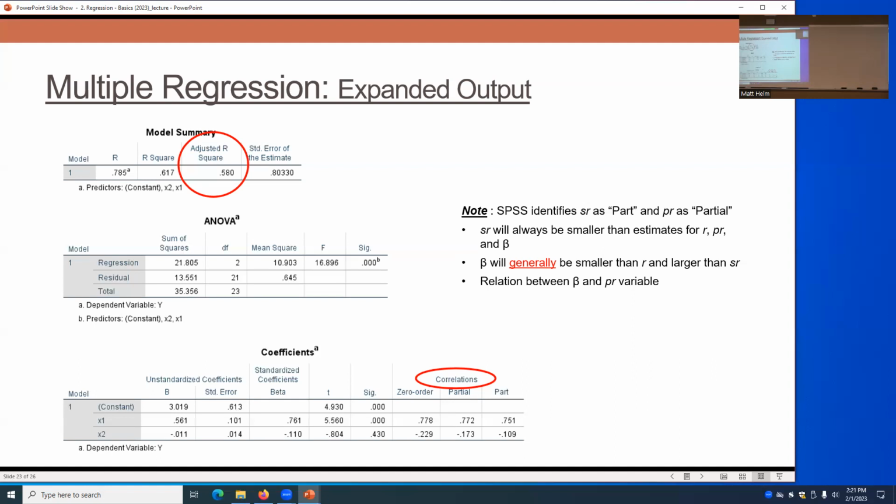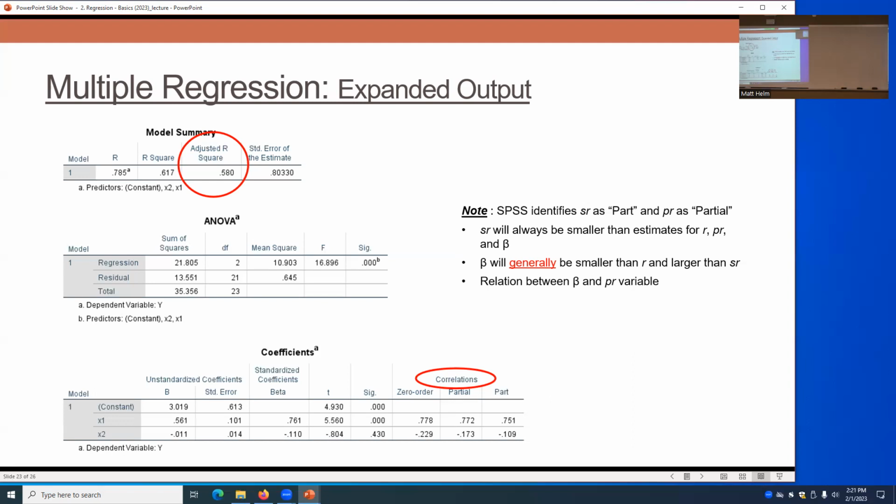But what I can always do is interpret it as: based on this model, I'm expecting a 0.56 unit increase in Y, whatever those units are, for every unit increase in X. So it's incredibly important to think about what a unit increase in X means and what a unit increase in Y means.